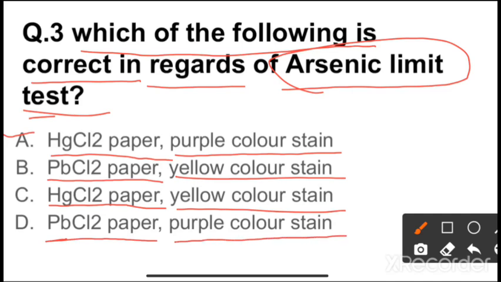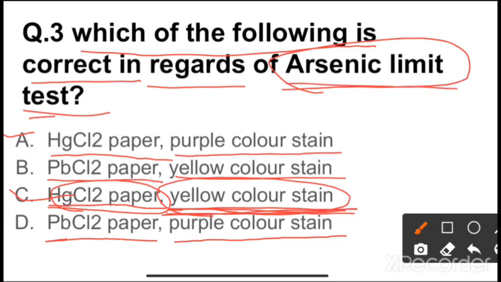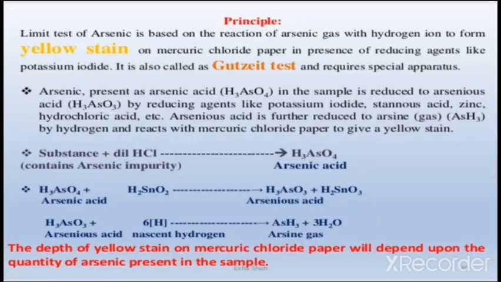So your correct option is option C, because in case of arsenic limit test we use the mercury chloride paper, and this mercury chloride paper forms yellow color stain on reaction with arsine gas, which is produced in the arsenic limit test. So correct option is option C.